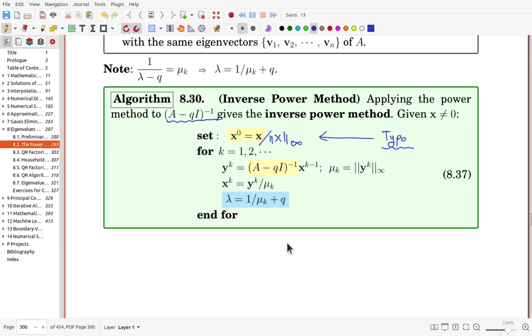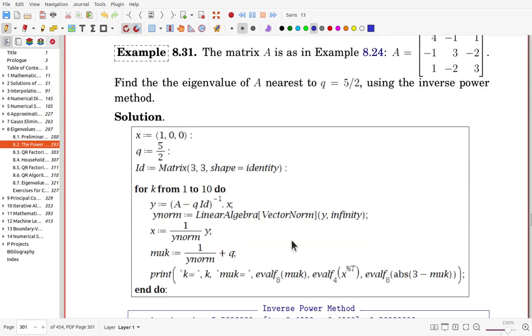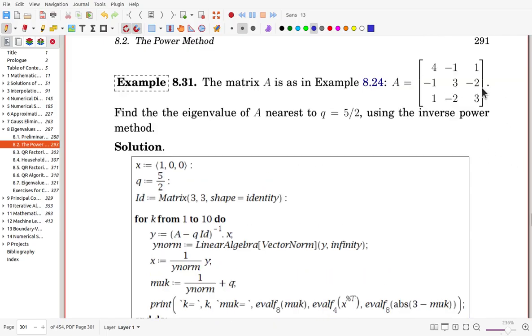Let's see here the same matrix again for that one. We already know that the eigenvalues are 6, 3, and 1.